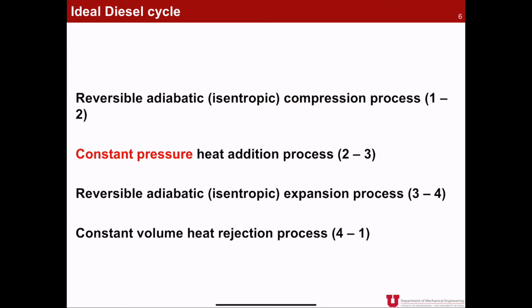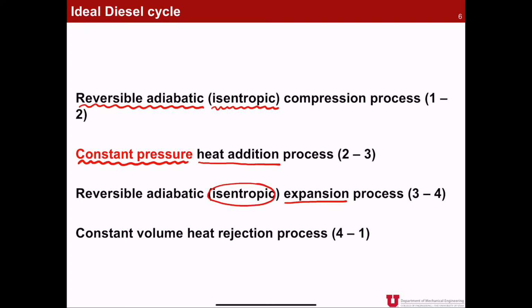Means that your compression process should be isentropic or reversible adiabatic, which is the same as the SI engine or ideal Otto cycle. Then the next process is the heat addition process, but in the diesel cycle case, your heat addition process should be a constant pressure process. And the next process is the expansion process, which is also ideal or isentropic.